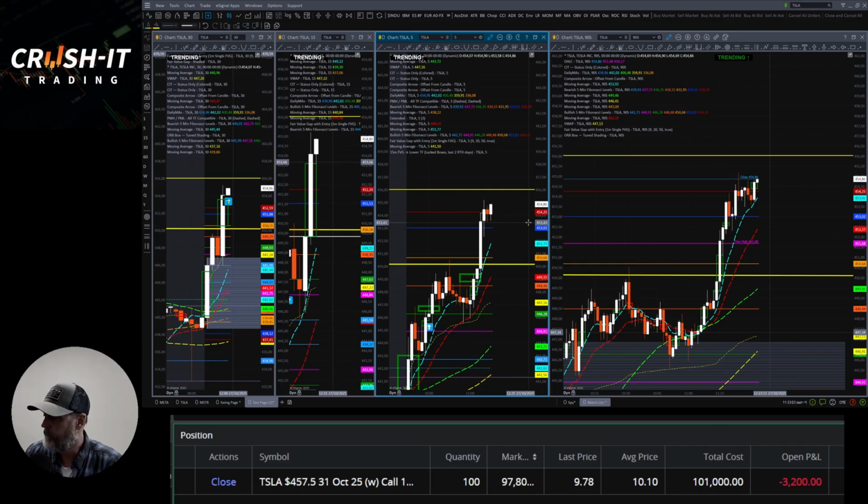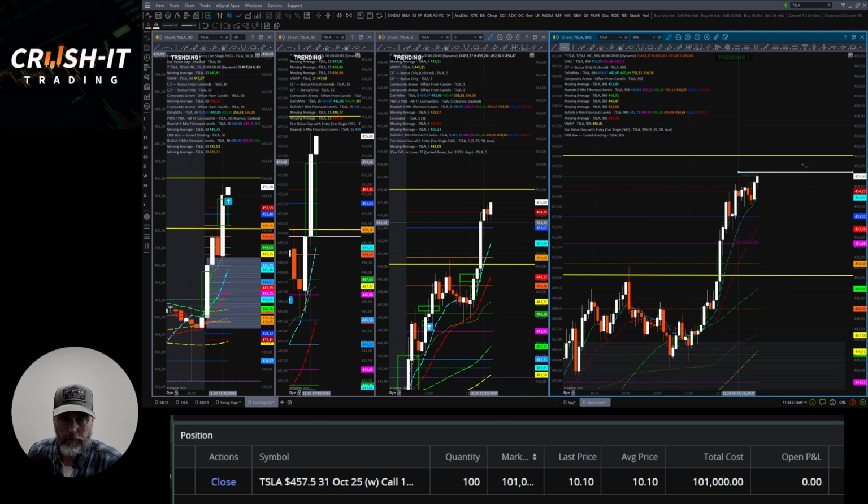I think it's looking like it. Just looking for that break right there. Waiting for it to break to the upside, not break down. There we go. Moving on that. There we go, you guys.